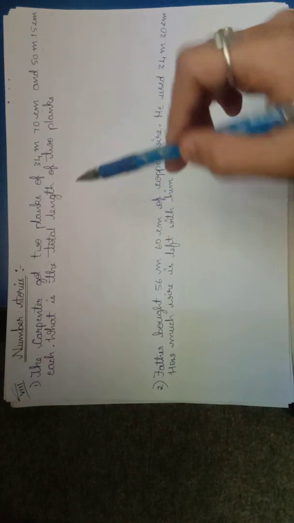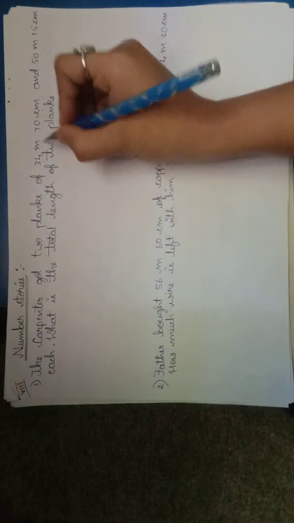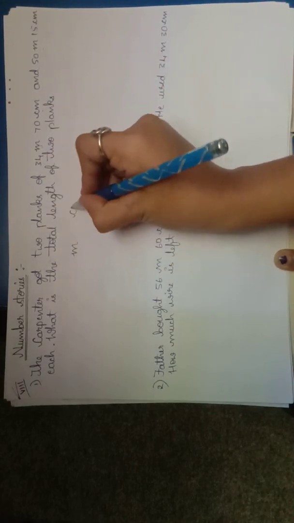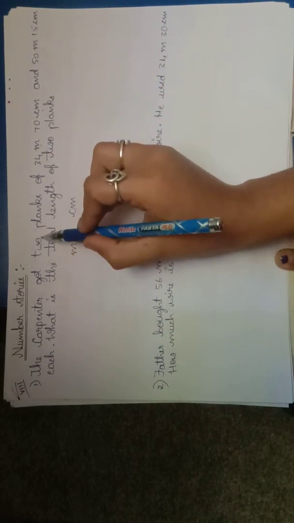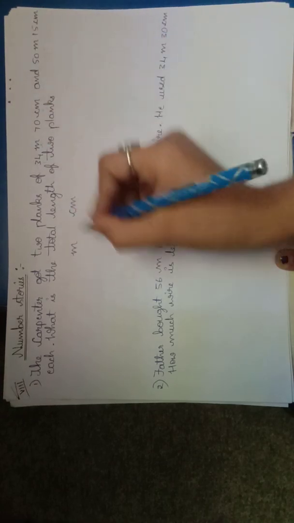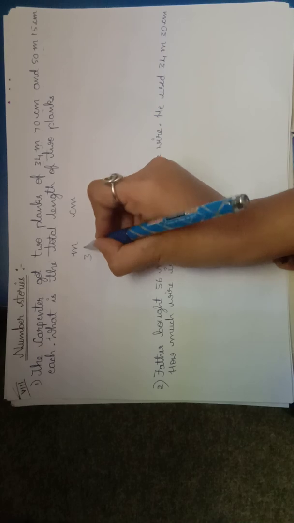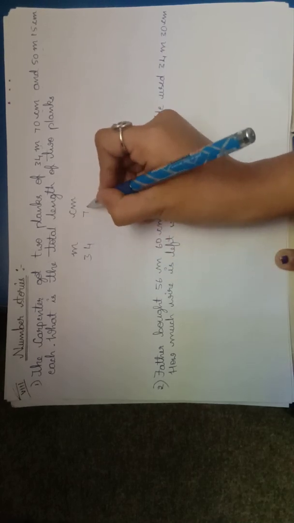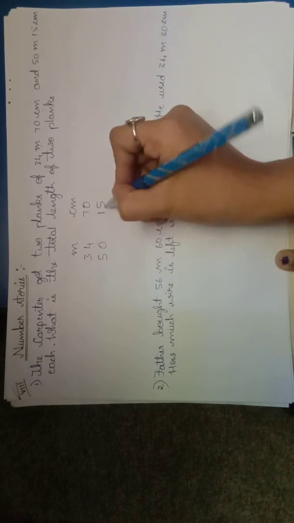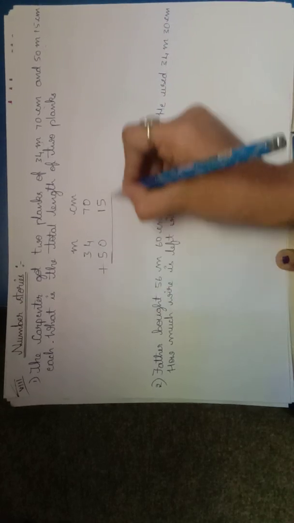I mean you have to do the addition. So write down first, it is in meter and centimeter. Carpenter got 2 planks of 34 meter and 70 centimeter. First write down 34 meter and 70 centimeter and then again he bought 50 meter 15 centimeter. Now you have to add both the numbers.